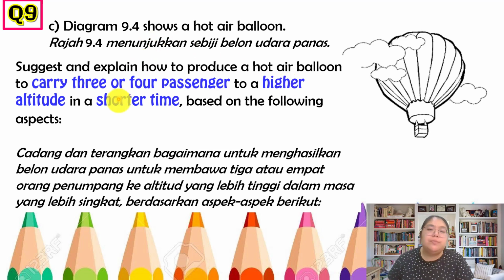Another one is shorter time. Shorter time means the balloon must lift up faster. How to make the balloon lift up faster? That means the air inside must be very low in density. So the balloon can lift up faster because of the highest buoyant force. Now we're going to see the aspects we need to follow.